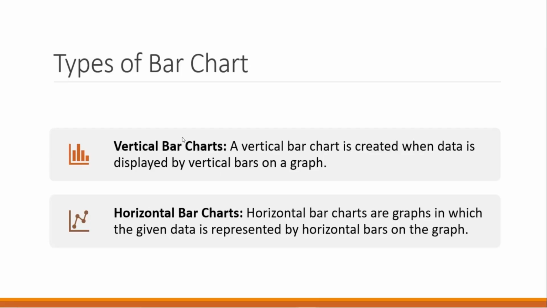So move to the horizontal bar chart. Horizontal bar charts are the graphs in which the given data is represented by horizontal bars on the graph, and the measure of the given data is represented by these horizontal rectangular bars. The data categories are marked on the x-axis and the y-axis, and the horizontal depiction of the bar chart is represented by the y-axis category.